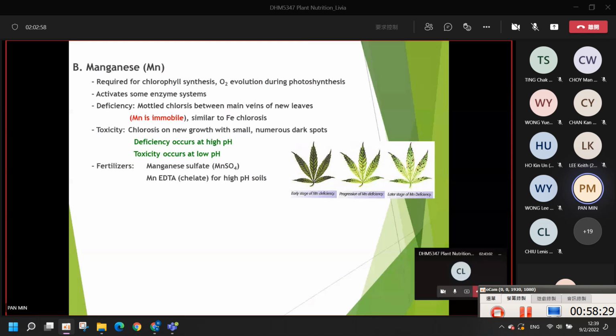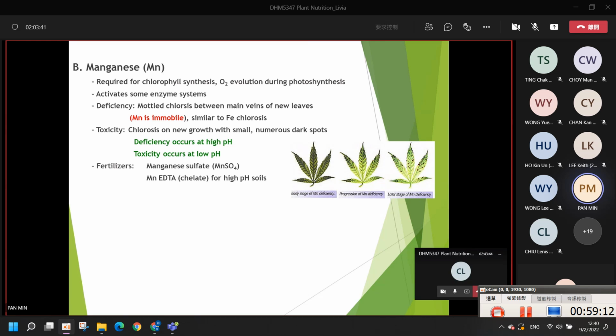And the next one, manganese. Manganese is required for chlorophyll synthesis and oxygen evolution during photosynthesis, and it also helps activate some enzyme systems. Manganese is an immobile essential element for plants, and the deficiency often looks similar to iron deficiency.